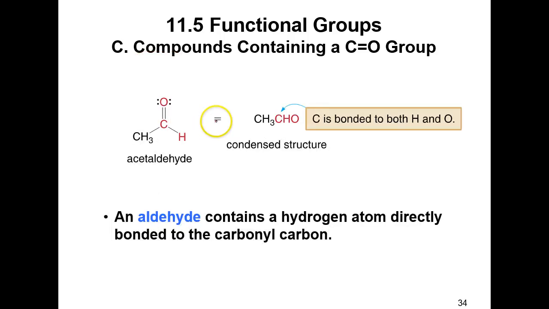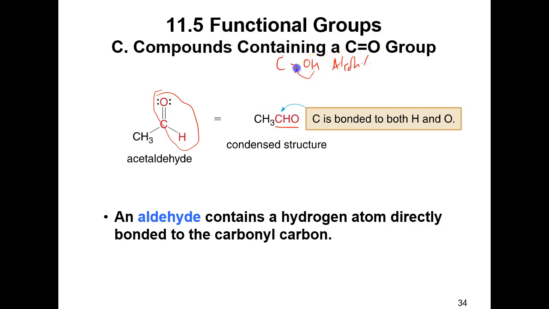Functional groups. Oh, here's kind of a condensed way of drawing this. You kind of have to know this. You might see, so notice I have an aldehyde, and a condensed way is CHO rather than COH. If you draw COH, that implies an alcohol.